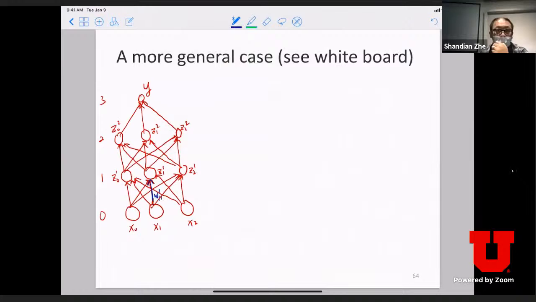It connects the first neuron in layer 0 to the first neuron in layer 1. Let's apply the rule we just discussed to see how we compute that. So it's partial L over partial W111.